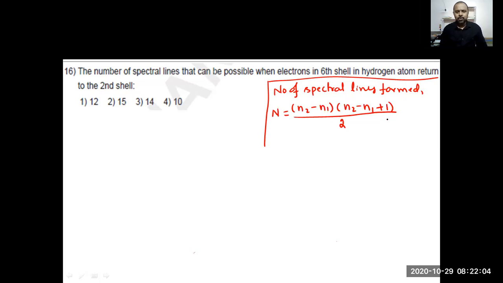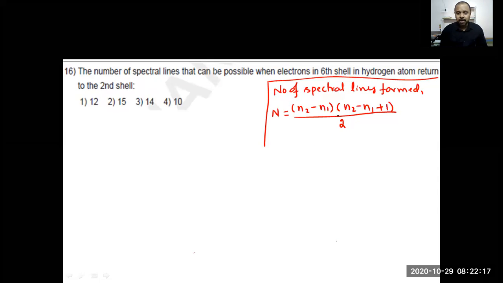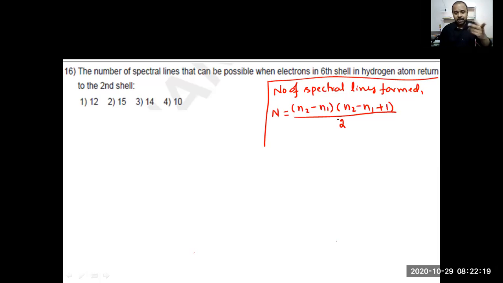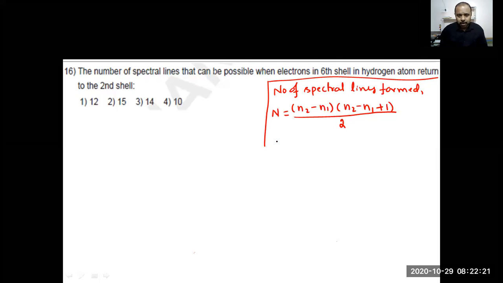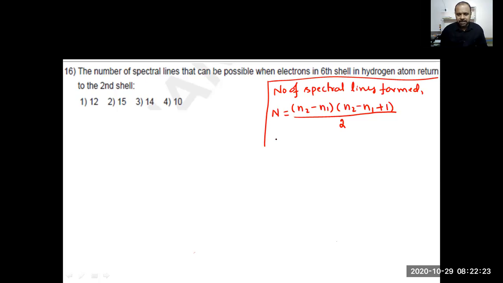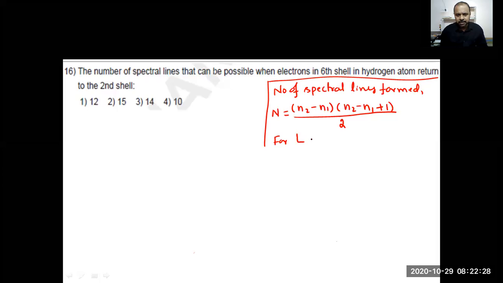N2, N1 same notations. N1 is the lower energy level. Sir, fourth option. Exactly. N1 is the lower energy level, N2 is the higher energy level. This is for transition of an electron between any two energy levels. If you apply it for the Lyman series, the equation reduces to a simplified form.